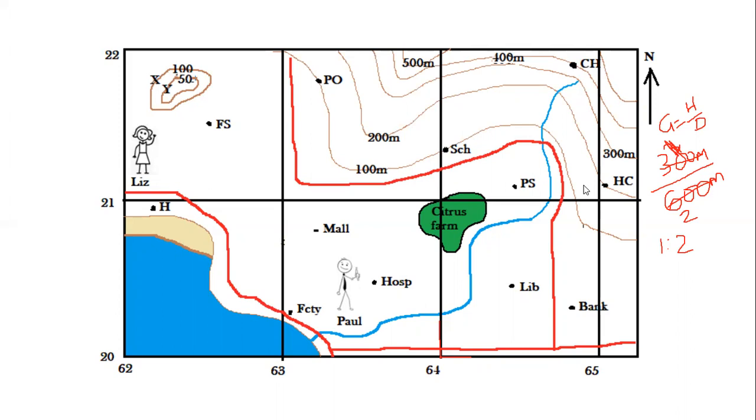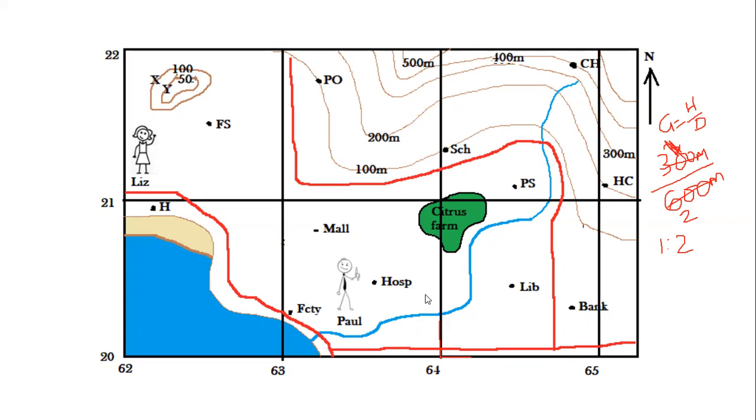All right? Remember what we said? When we're trying to find the direction of two places, or the direction of one place from another place, we need to decide on where we are and where we are going. The reference point is where we are, and the target point is where we are going. So the target point in this case would be the bank.